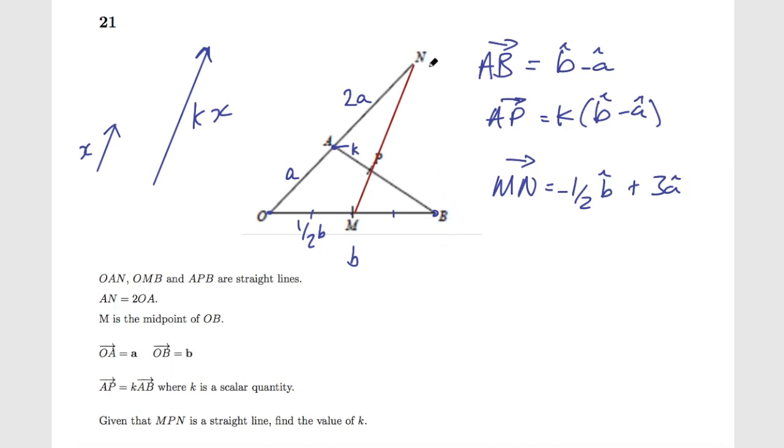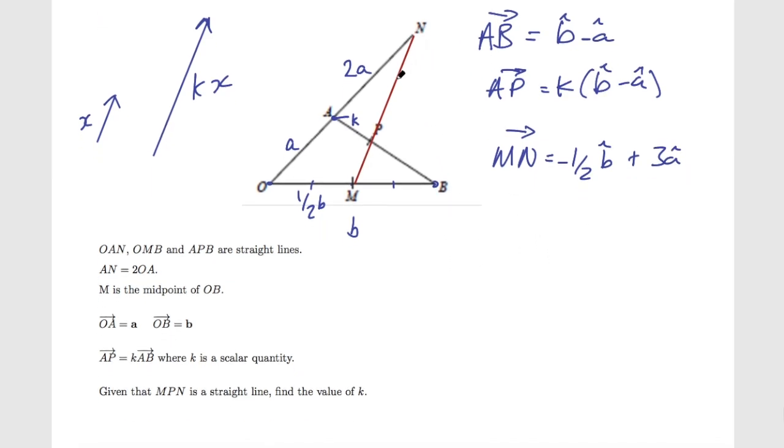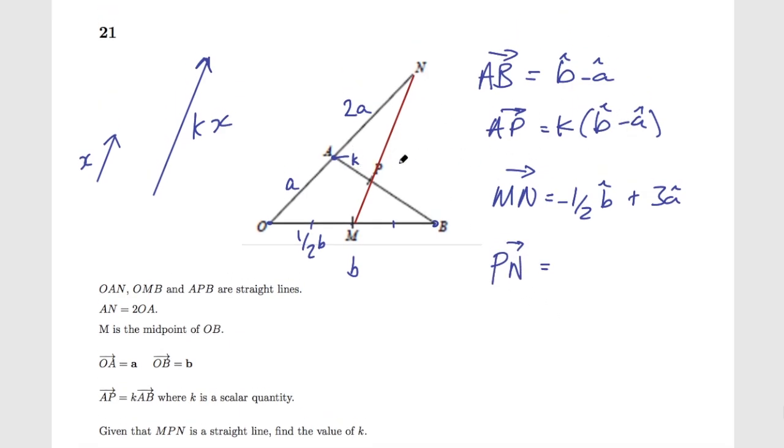So we have a vector for MN, and PN will be PA plus 2a. PA is just the reverse of AP, so that's going to be negative kb minus a, plus 2a.